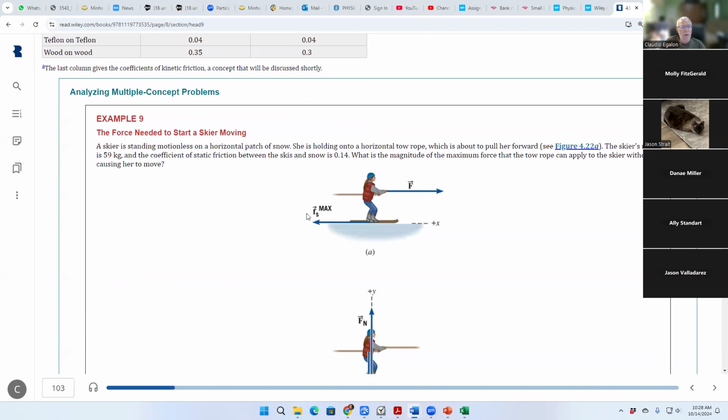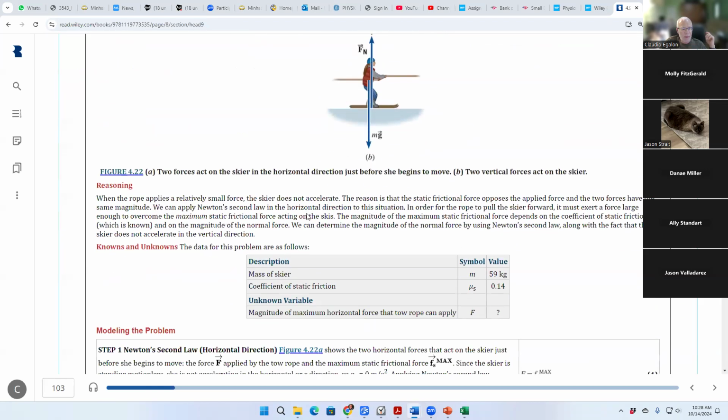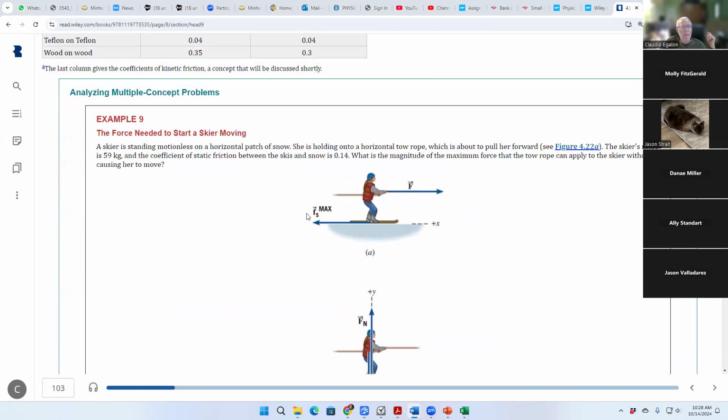Let's do this example here in the book. Some of you have been asking me to solve some of the examples in the book, right?